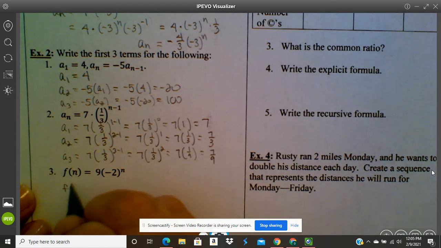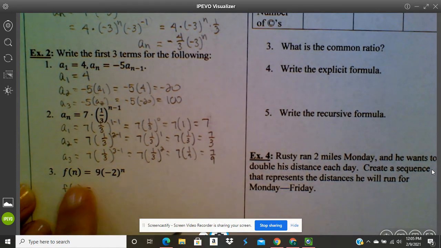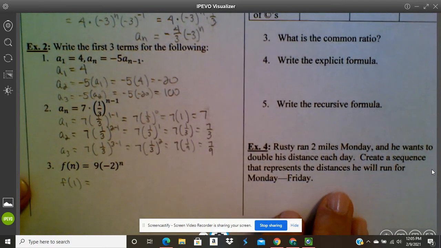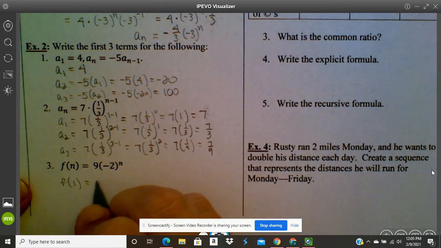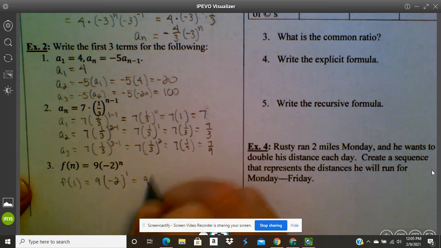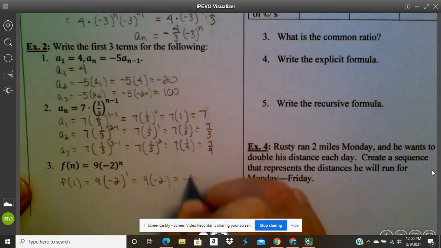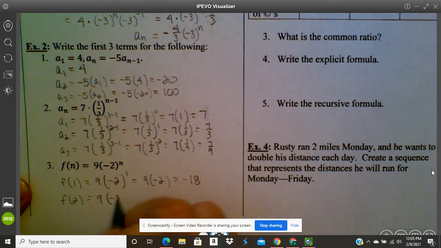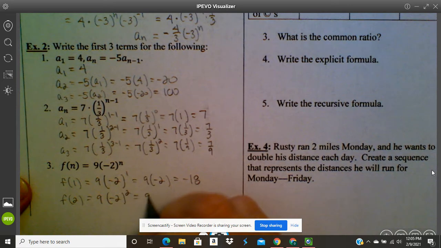All right, so now let's find the sequence for the function f of n equals 9 times negative 2 to the n power. Let's see what this sequence looks like. So f of 1 is 9 times negative 2 to the first power. That's just 9 times negative 2, which is negative 18. F of 2 will be 9 times negative 2 squared.